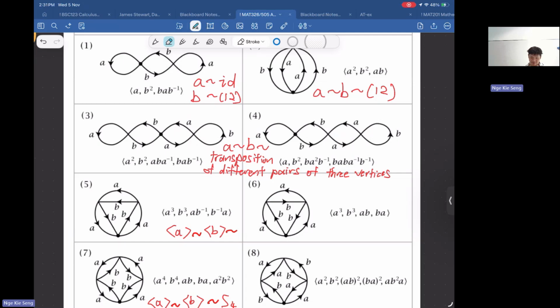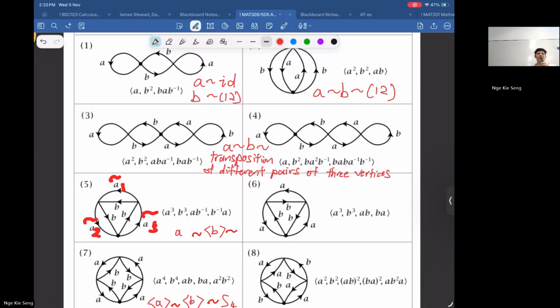What is it then? You can move 1 to 2, you can move 2 to 3. Oh, it's S3 actually. Because these are 3 different leaves, maybe this one should be A tilde 1, A tilde 2, A tilde 3, and then these 3 things build out S3. Because A is transposing between 1 and 2, and then 2 and 3, and 3 and 1.